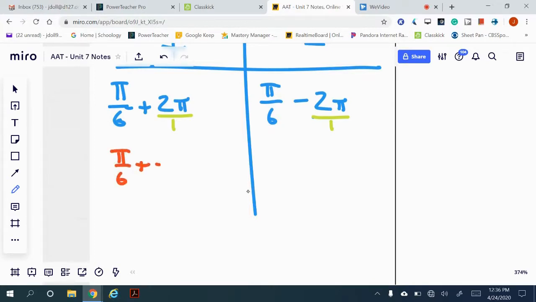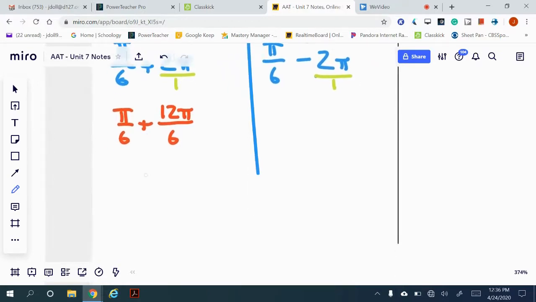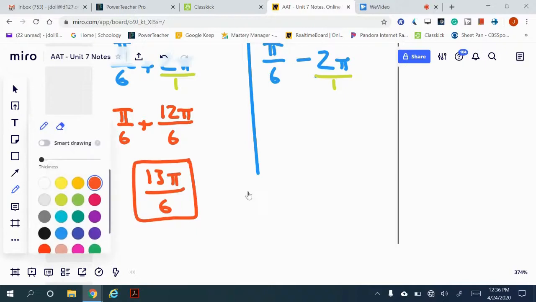To change 1 to 6, I have to multiply by 6. So I multiply 2 pi by 6, and I get 12 pi over 6. So adding 2 pi to pi over 6 is the same thing as adding 12 pi over 6 to pi over 6. 1 pi plus 12 pi gives me 13 pi over 6.